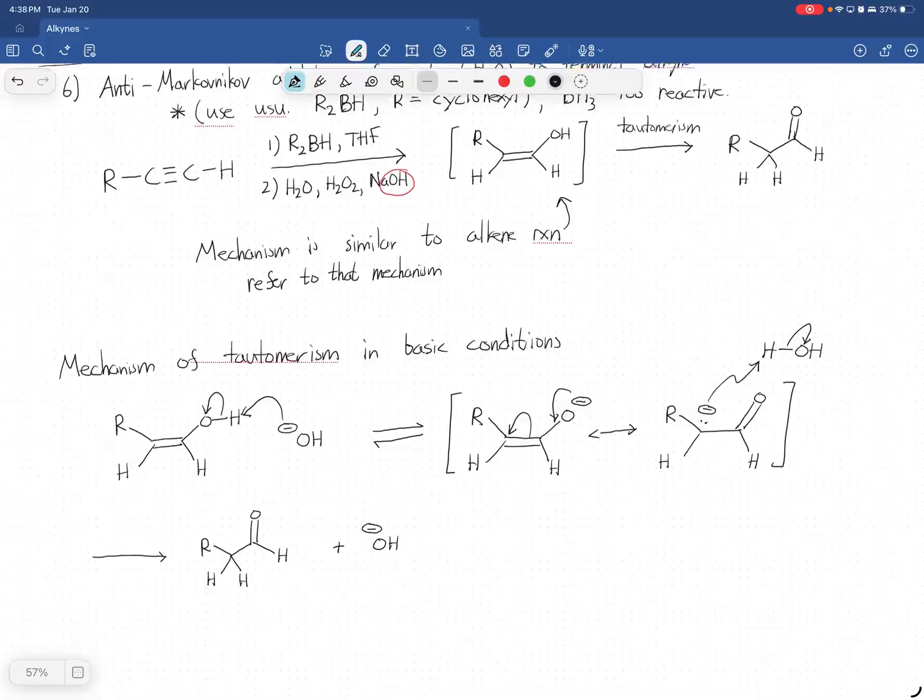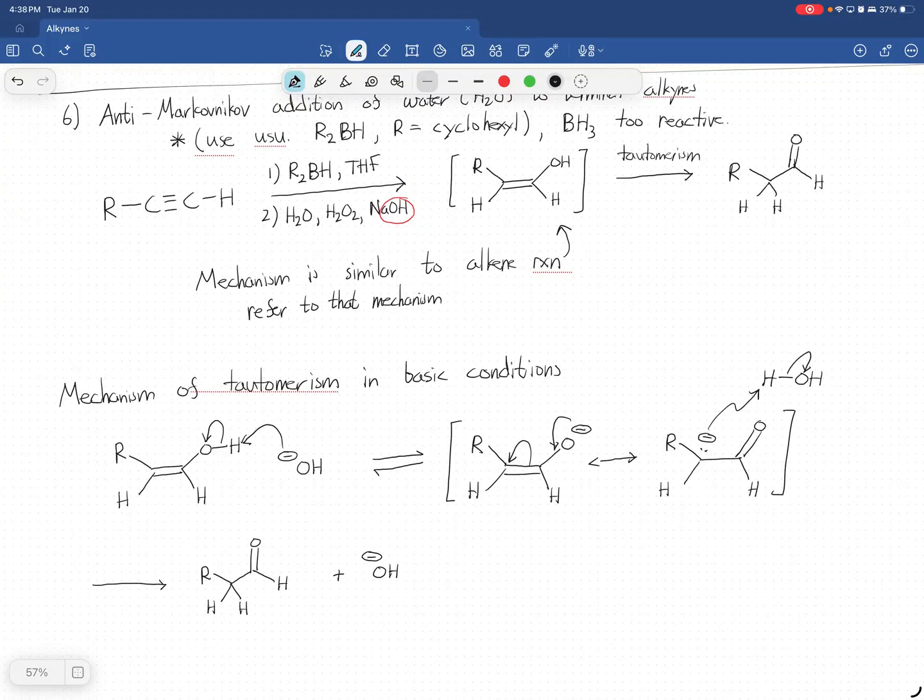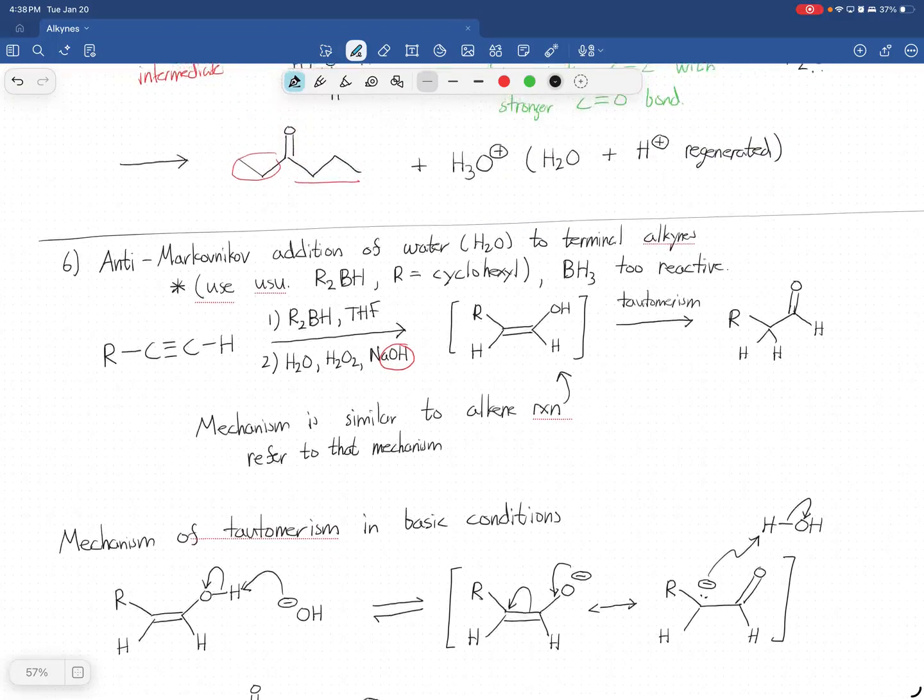All right, so that's how tautomerism works for the terminal alkyne version here with basic conditions.